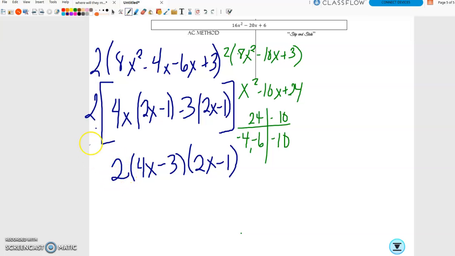Alright, when we come over here for the slip and slide method, we're going to have the 2 still on the outside. We have x minus 4, and we have x minus 6. Don't forget to slide the 8 back in there.